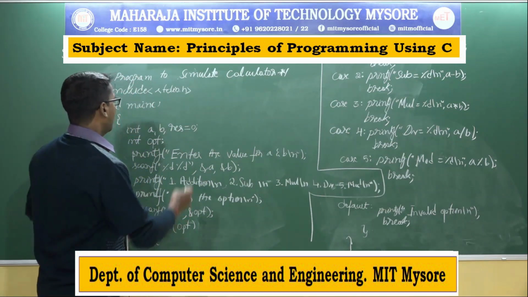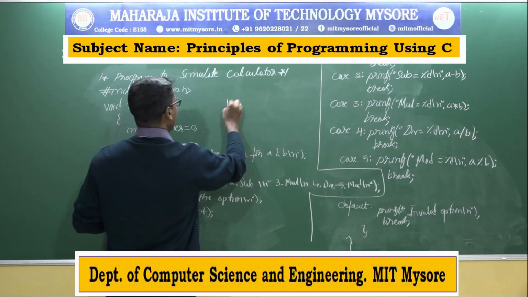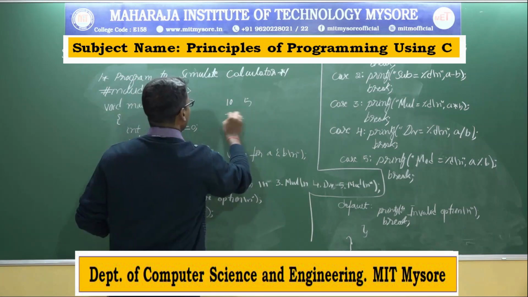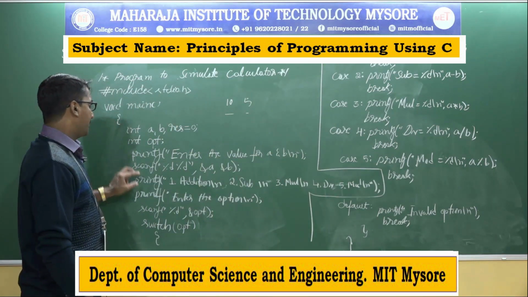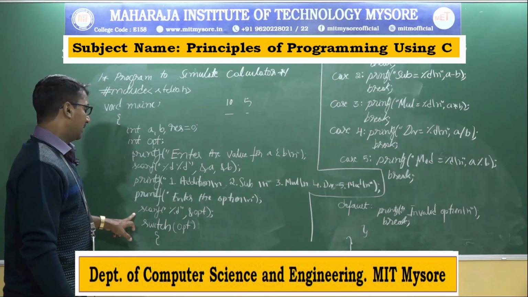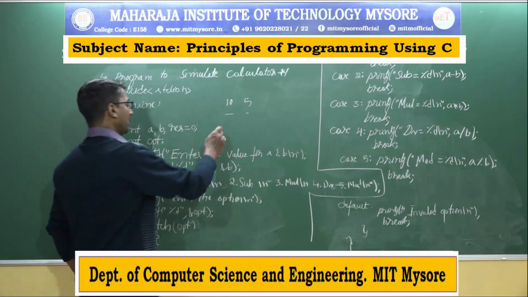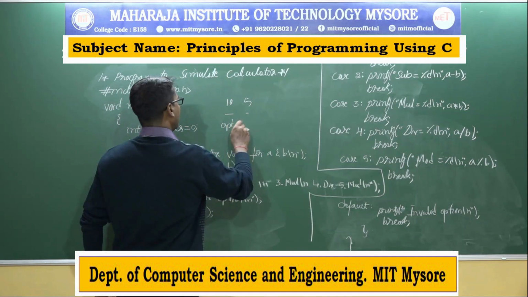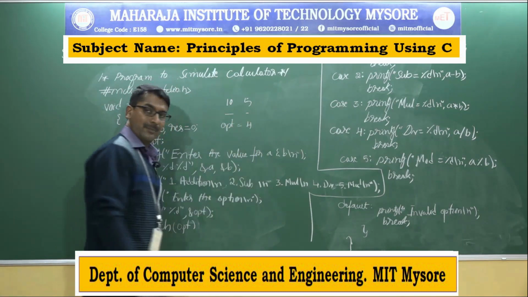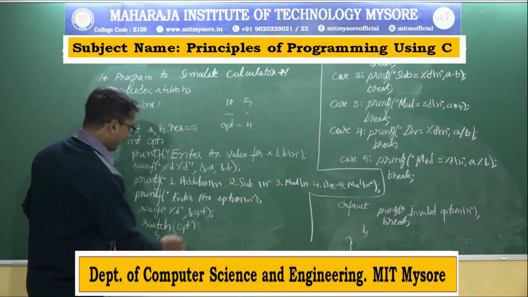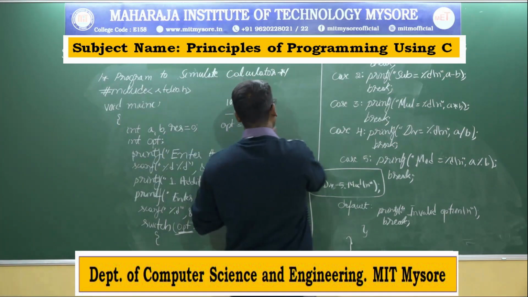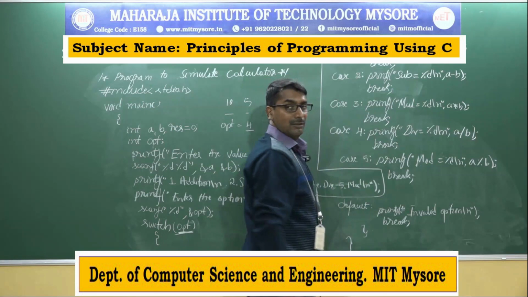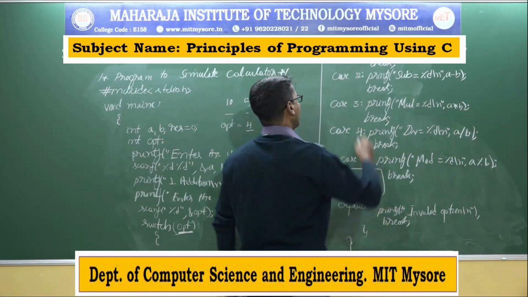Okay. Now consider I am entering the values 10 and 5, two numbers. After that I am selecting the option. The option OPT is equal to 4. So the OPT expression will be verified. First the 4 will be verified with 1. 1 is equal to 4, not match.